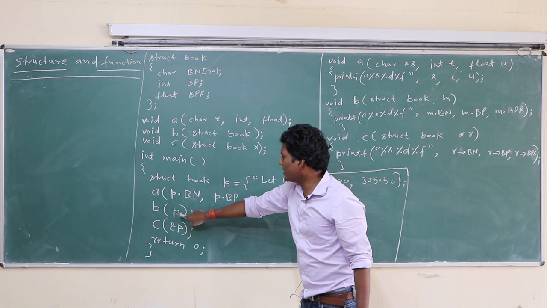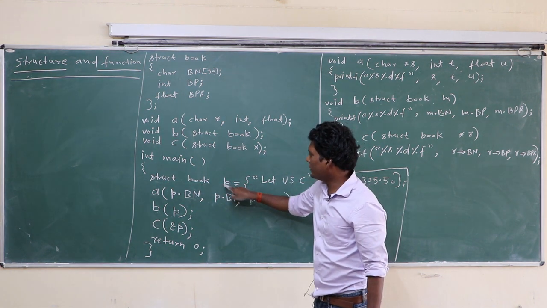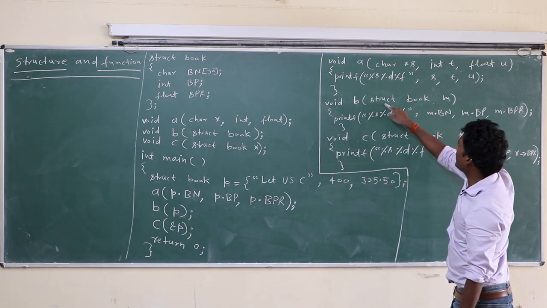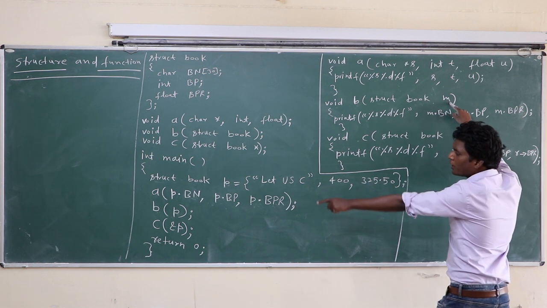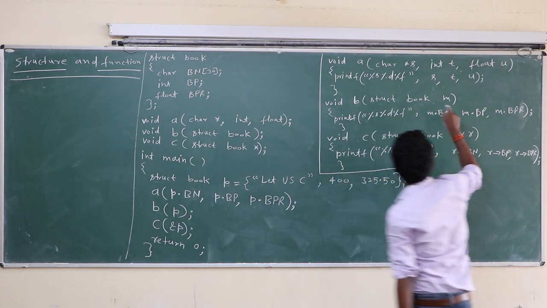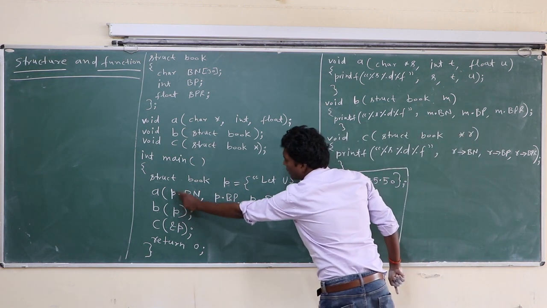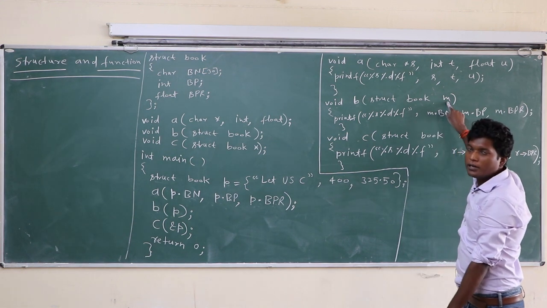Basically P has this data type, P is a variable, and P is passed here, so we have to make the data type of the same type, and M is a variable, so whatever is passed in P is received in M. M has data type struct book, P has also data type of struct book. P is an argument, M is a parameter.